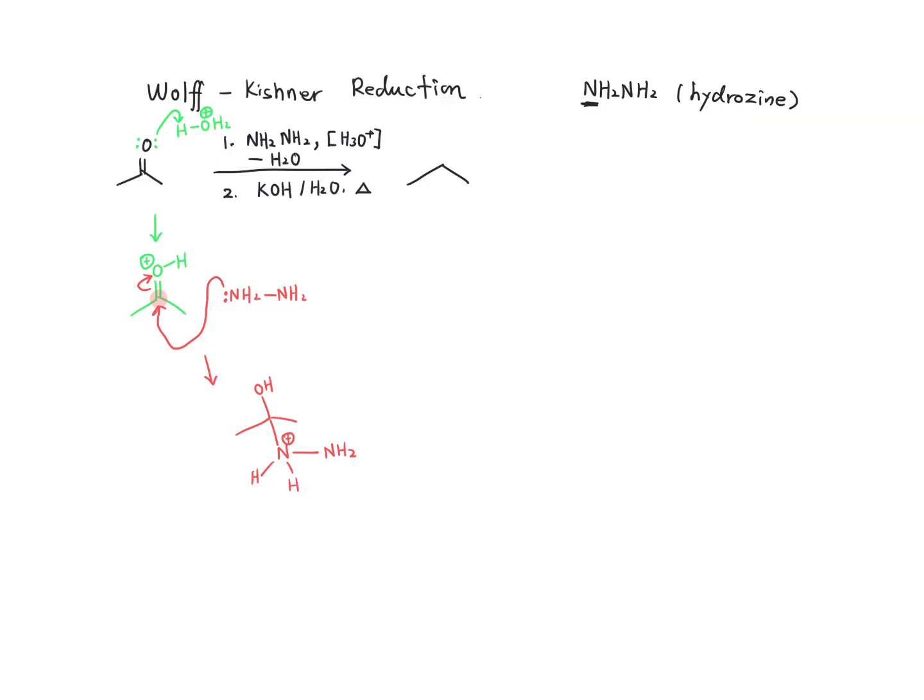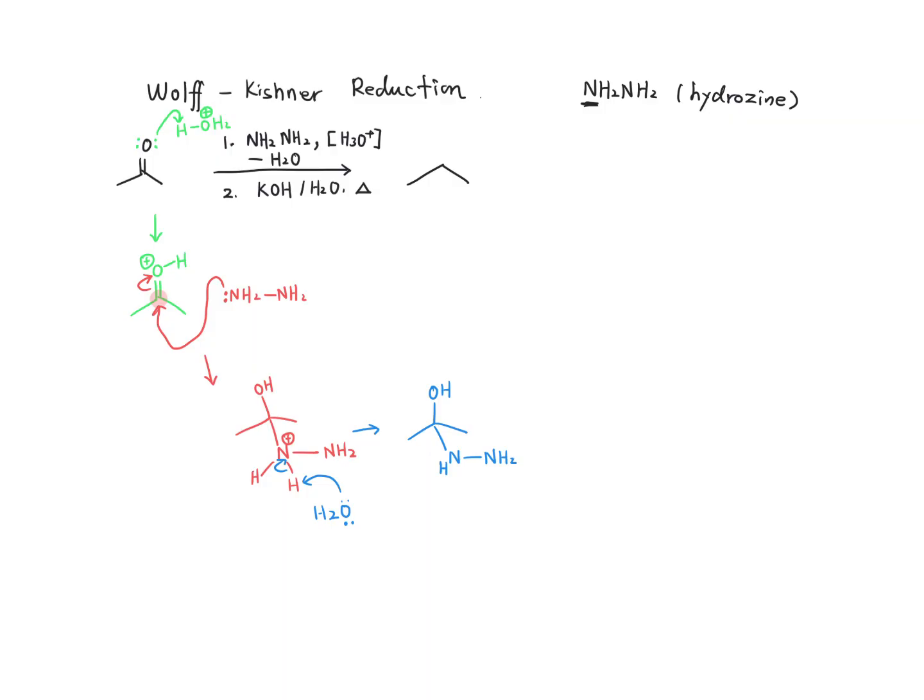You may ask what this base can be. We have water floating around that comes from the first step, so the water can come in to grab this proton, and that will deprotonate this intermediate. Now we have a neutral nitrogen with another NH2 connected to this nitrogen.